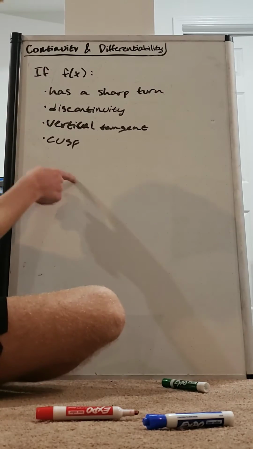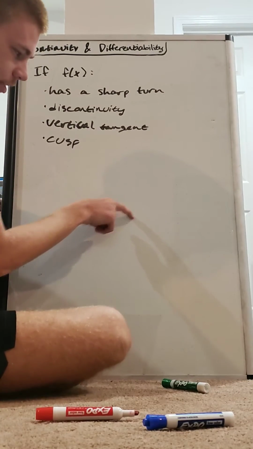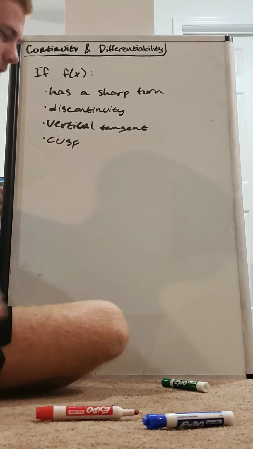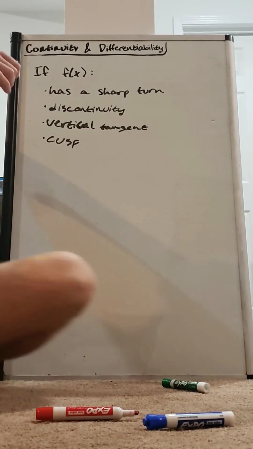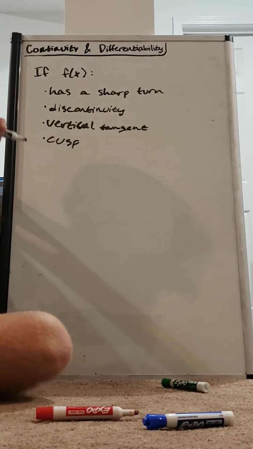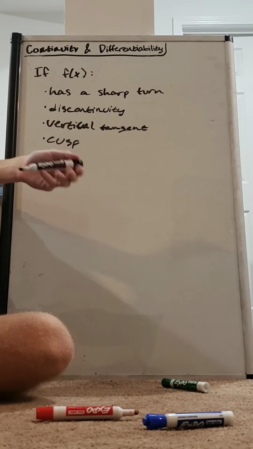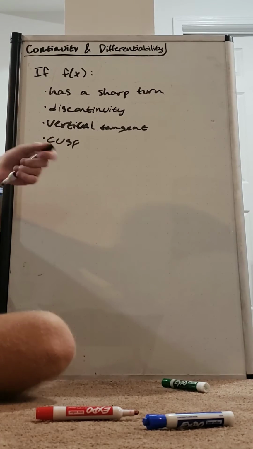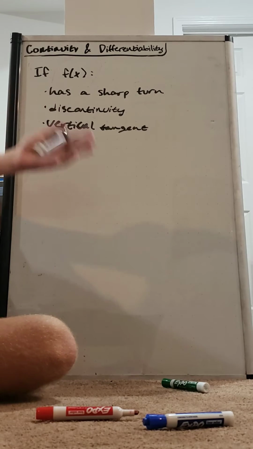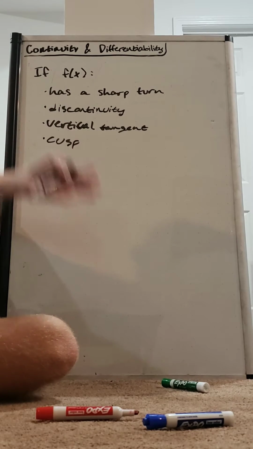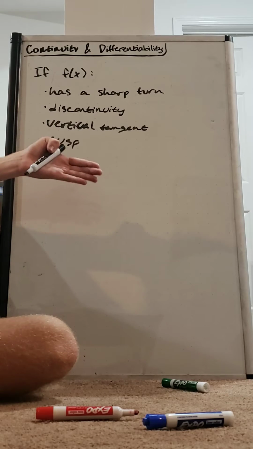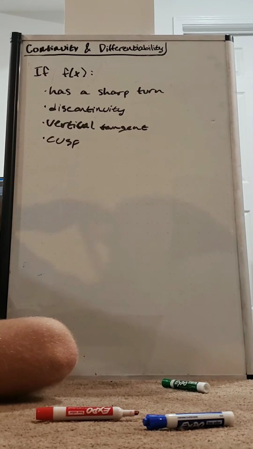Like we just saw, it was continuous at the point where it had a sharp turn, but it's not differentiable at that point. So differentiability implies continuity, but continuity doesn't imply differentiability.